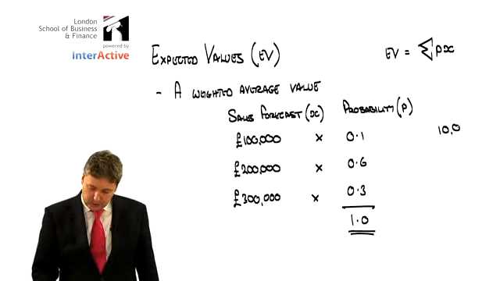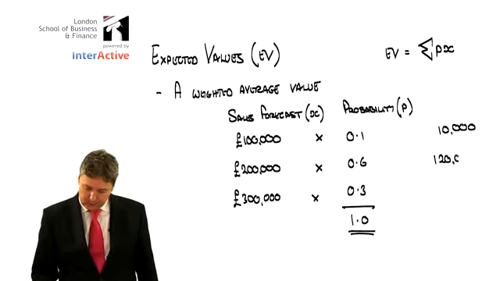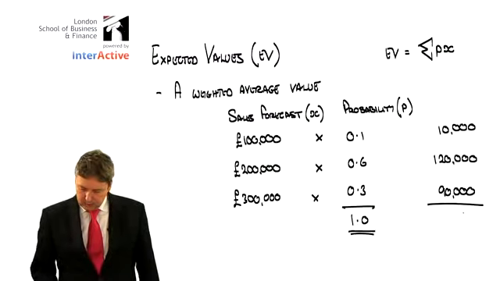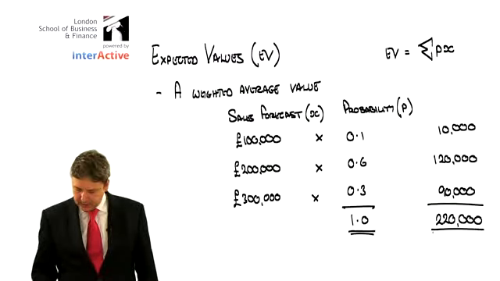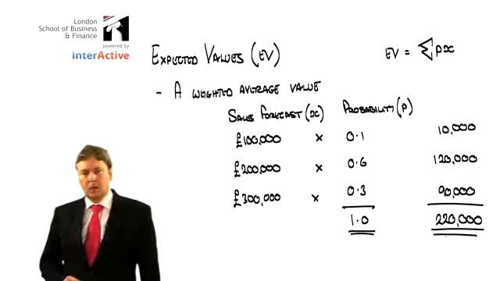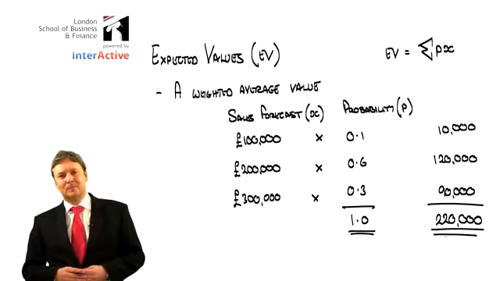And we would get 10,000 plus 120,000 plus 90,000. Based on that, we find that our expected value is 220,000. So what does this figure mean?